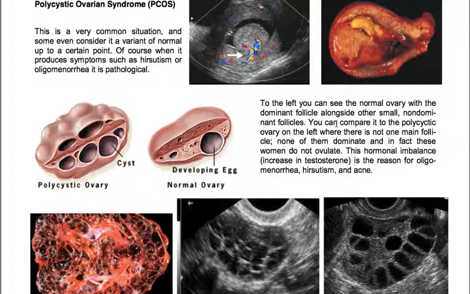You can compare it to the polycystic ovary on the right, where there is not one main follicle, none of them dominate, and in fact these women do not ovulate. This hormonal imbalance, an increase in testosterone, is the reason for oligomenorrhea, hirsutism, and acne.